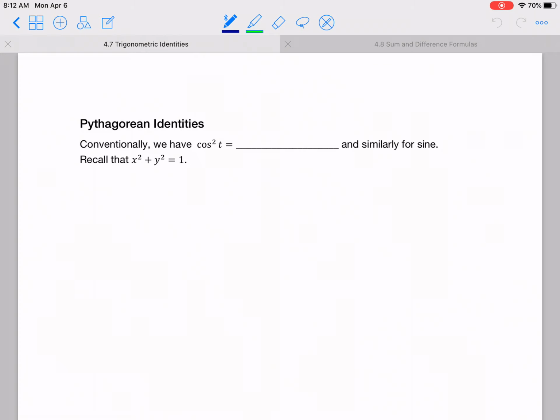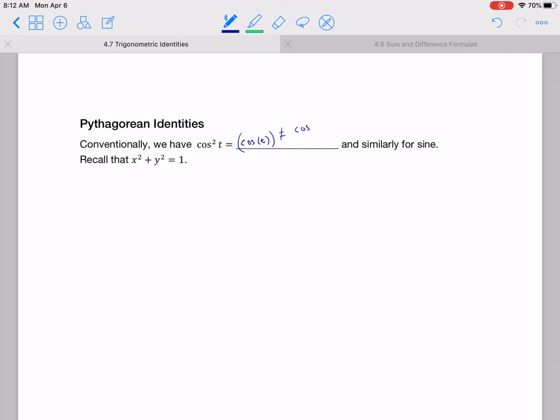The Pythagorean identities, the first ones we want to look at here. Conventionally, cosine squared of t is equal to the cosine of t, this whole thing squared, but don't think it's this.